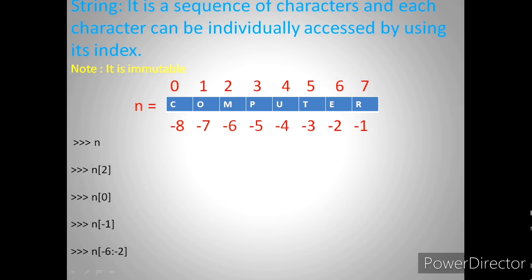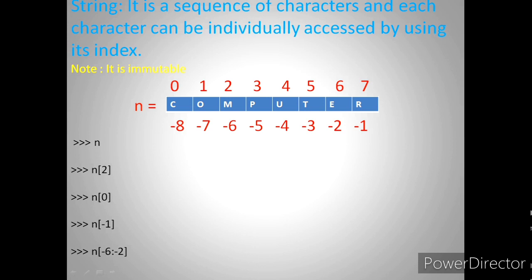Other than Python, none of the programming languages use this type of indexing method, that is starting from -1 onwards: -1, -2, -3, -4, -5, -6, like this. So the minus indexing is done from right to left, starting with -1.